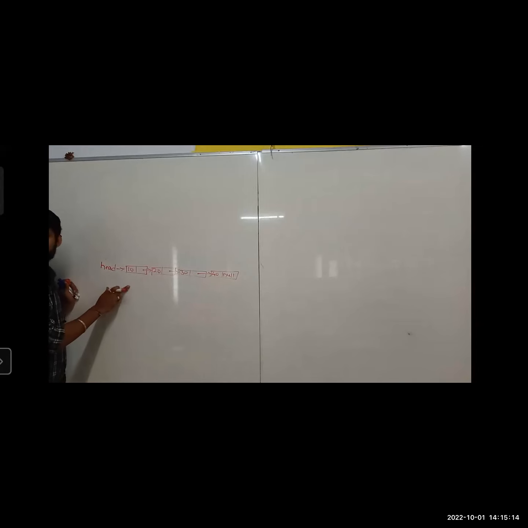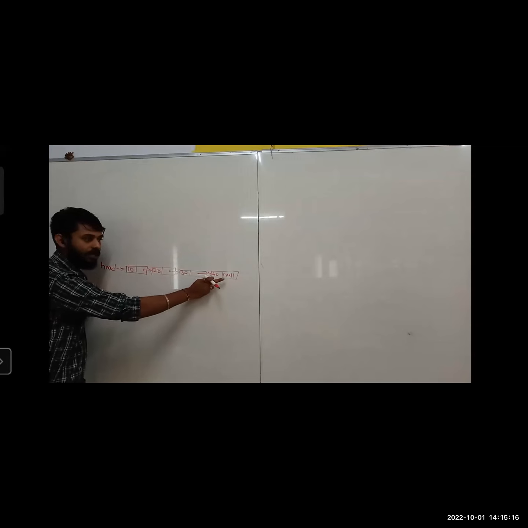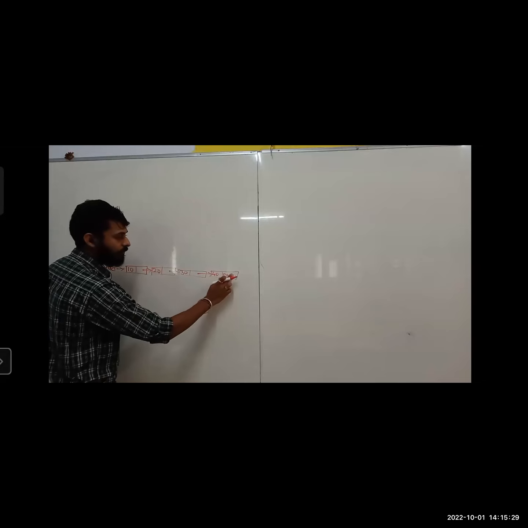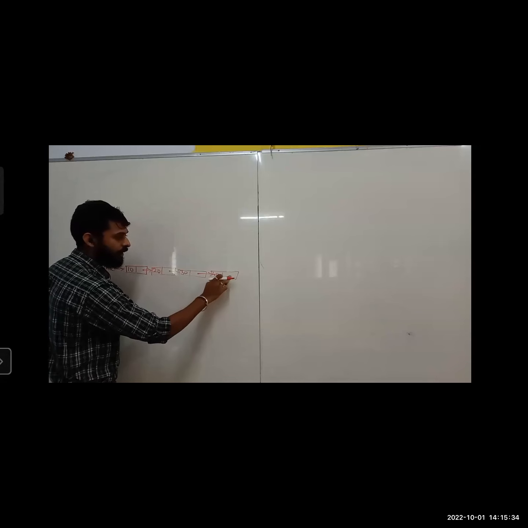If I consider this particular example, at last it will be null. This is what we call a linear singly linked list. It is linear, and at the same time it is a singly linked list because I'm using only one link. But circular means what? In the linear list, the last node's link will be null.